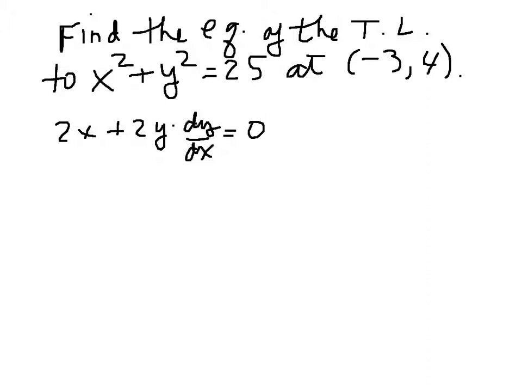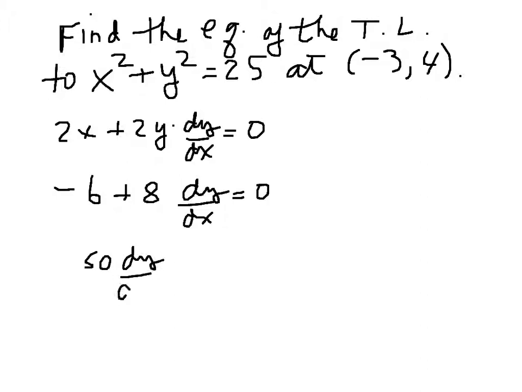It's not such a difference here. But there are problems in which it's much better to put in the point first and then solve for dy dx. At any rate, if I do that, I get minus 6 plus 8 dy dx equals 0.